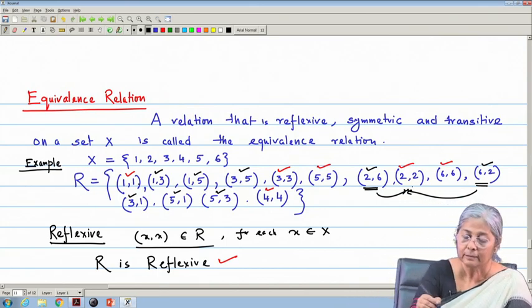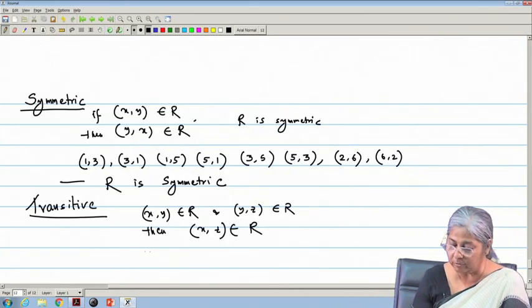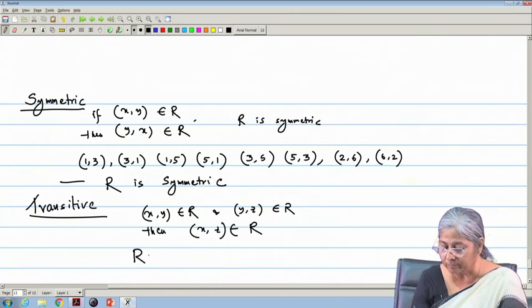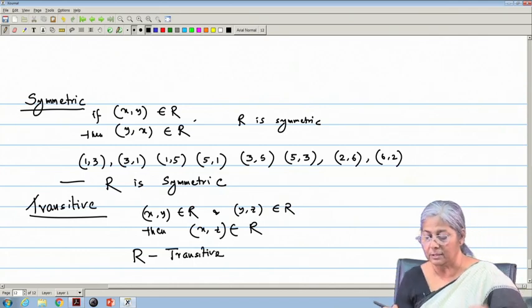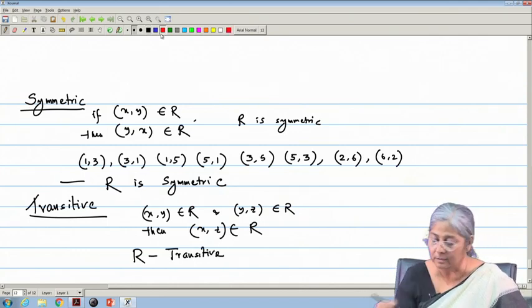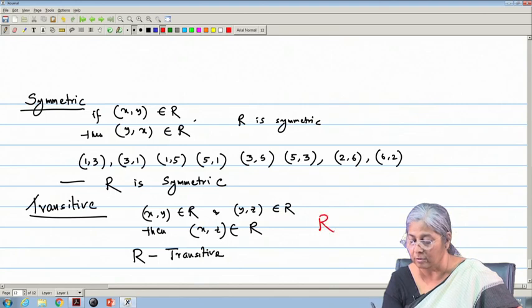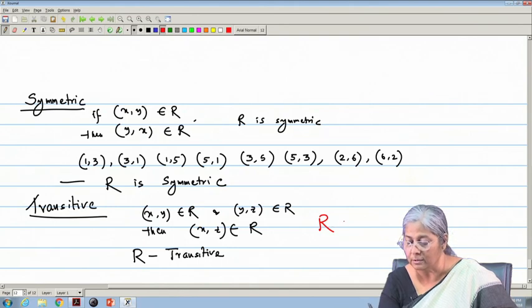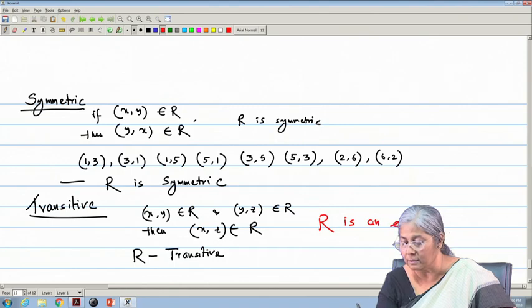So, this property also holds. So, R is also transitive. So, this particular relation R is an equivalence relation, since it holds all three properties: reflexive, symmetric and transitive.